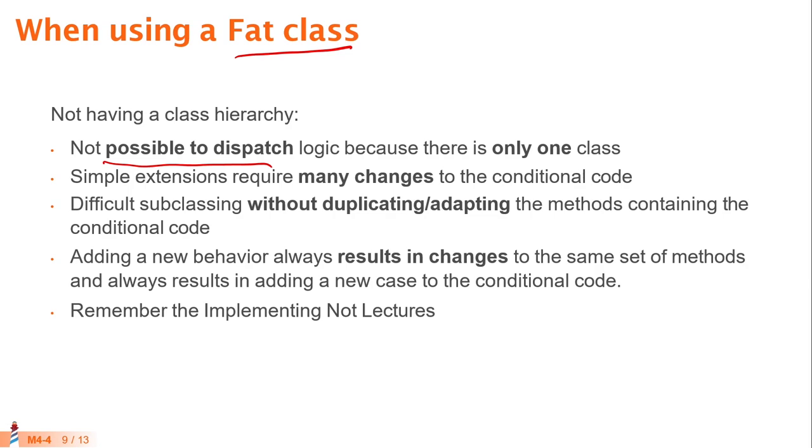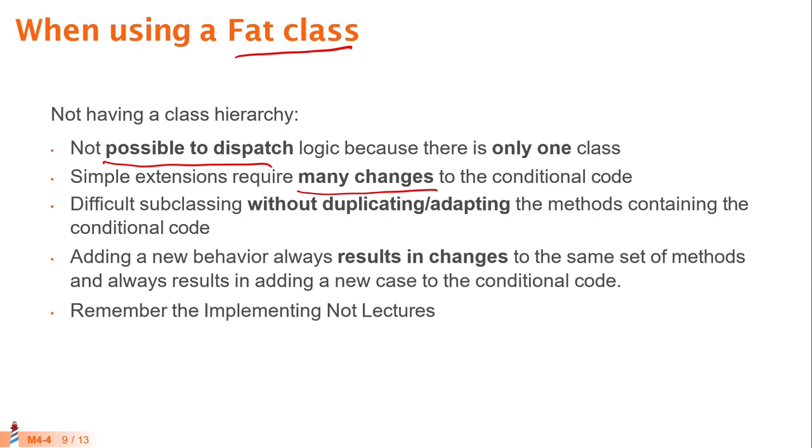We want to dispatch instead of having conditional code. When we start adding new types, new entries in the file or fields, we will have to modify many of these methods. We will have to modify many of these long methods to add new conditional code.